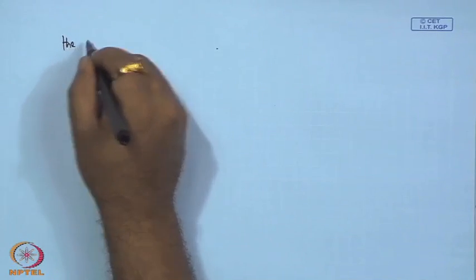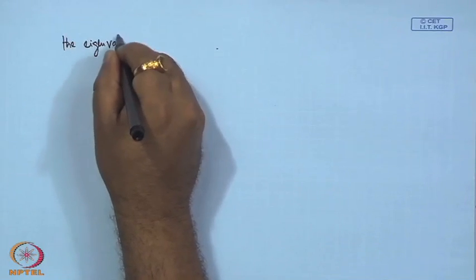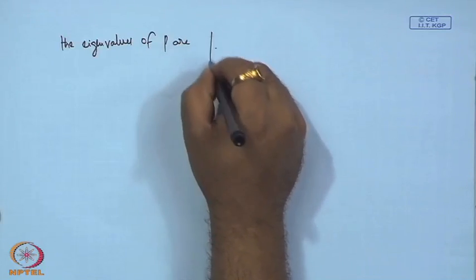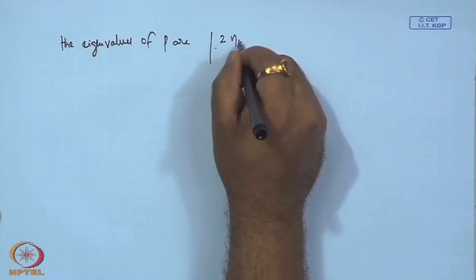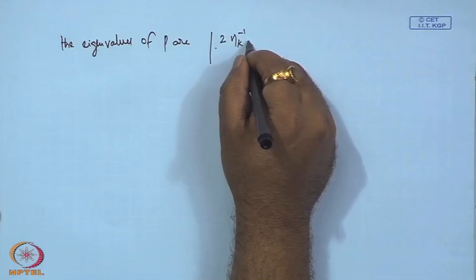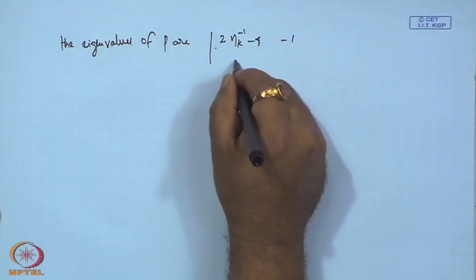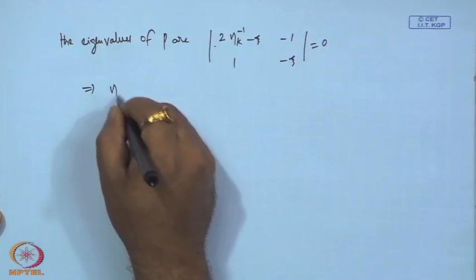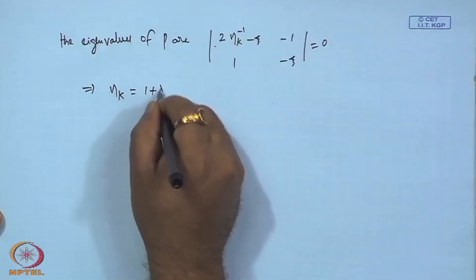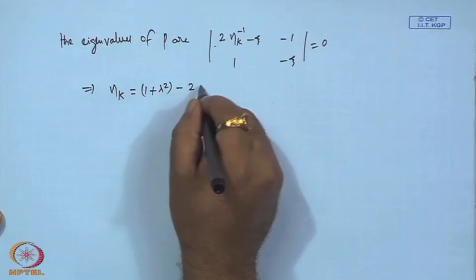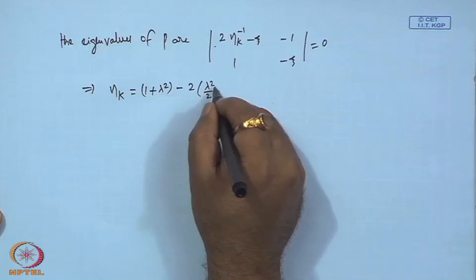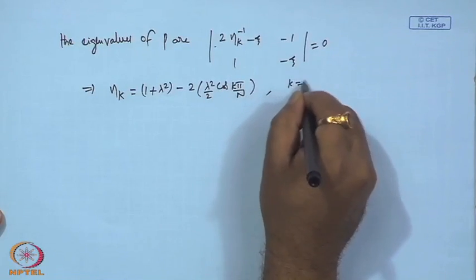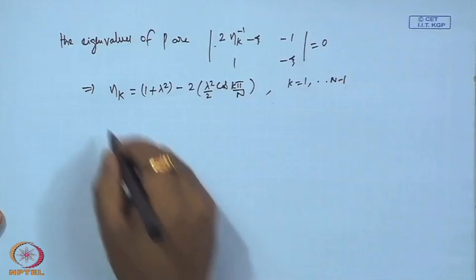So, eigenvalues of P are, so this implies, so these are the eigenvalues.